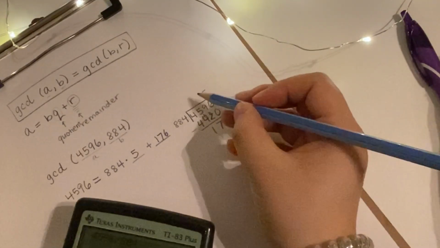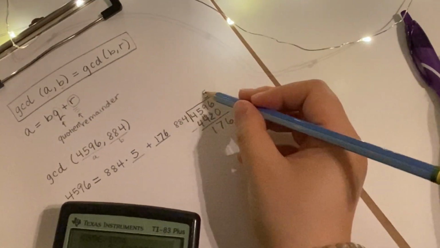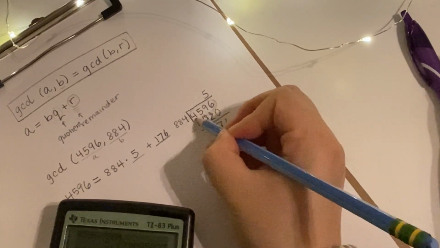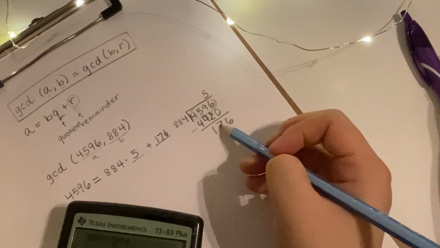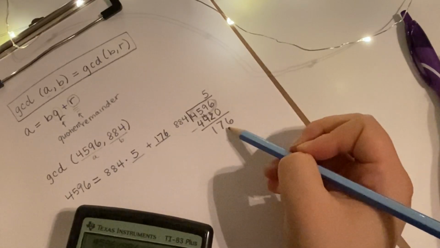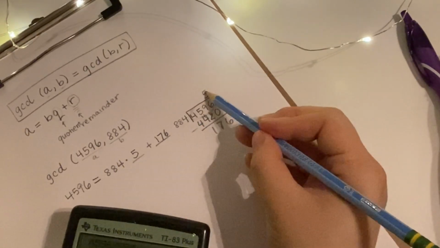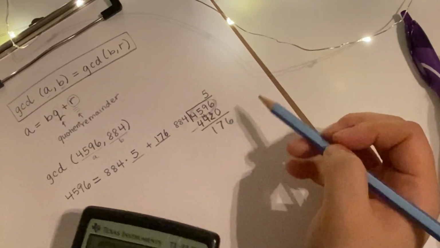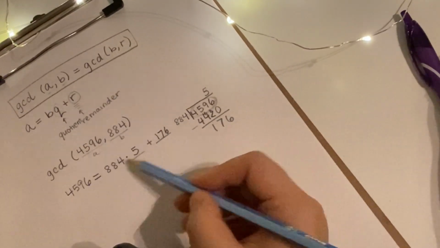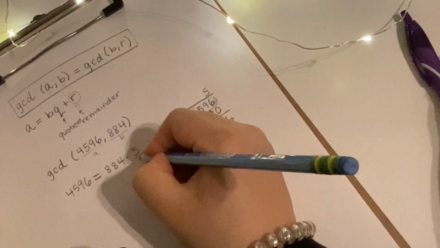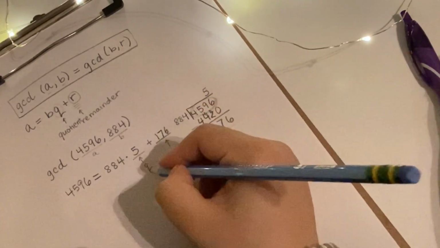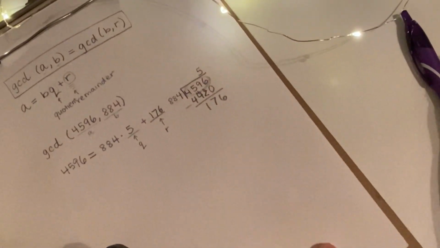So if you recall from long division, in general, you can write this number as a product of this times this, plus a remainder if you have one. So here we are, we calculated Q and R, the quotient and the remainder.